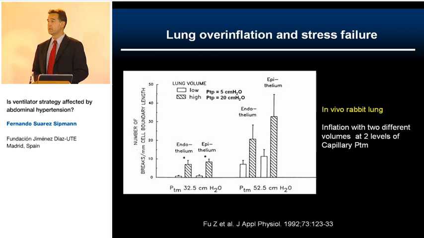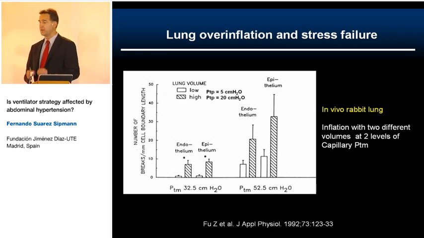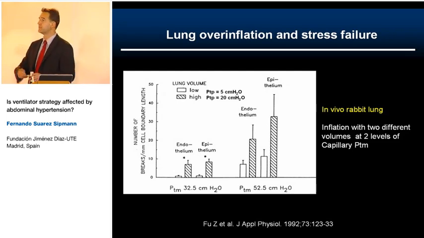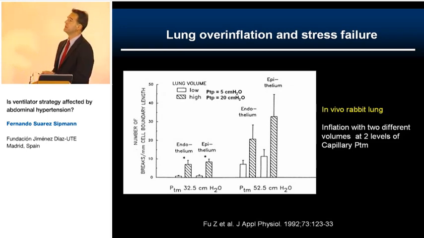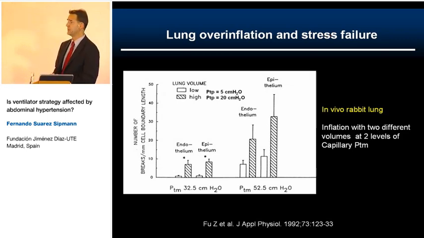So a number of studies have been trying to elucidate the different effects of altering the different elements that are causing this stress. On one hand, these investigators wanted to look at the effect of lung overinflation, and if it was able, only by inflating the lung, to create a stress failure.